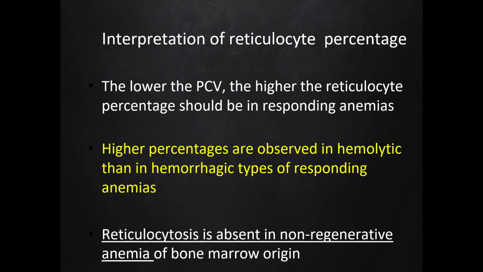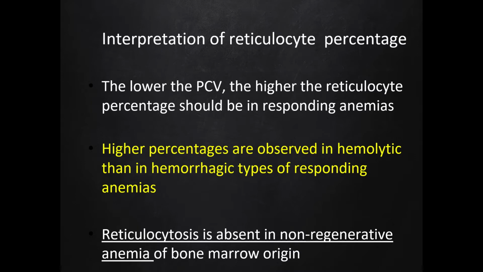In interpretation of reticulocyte percentage, the lower the PCV, the higher the reticulocyte percentage should be in responding anemias. When there is a low PCV, there is an anemic state, and you can see a higher reticulocyte count, meaning the bone marrow is able to produce red blood cells due to the anemic state.